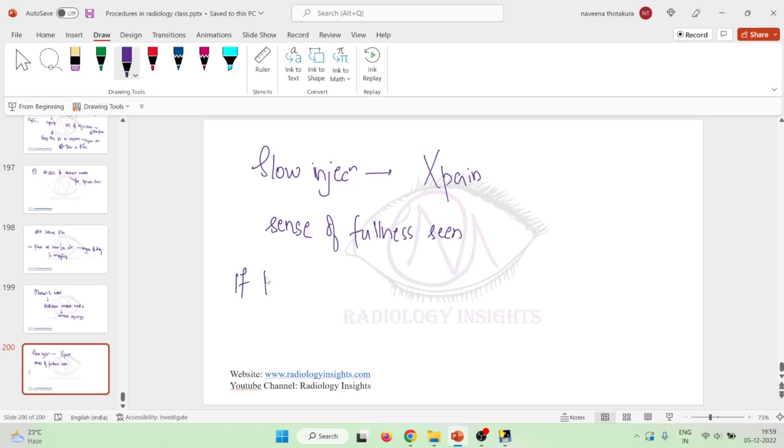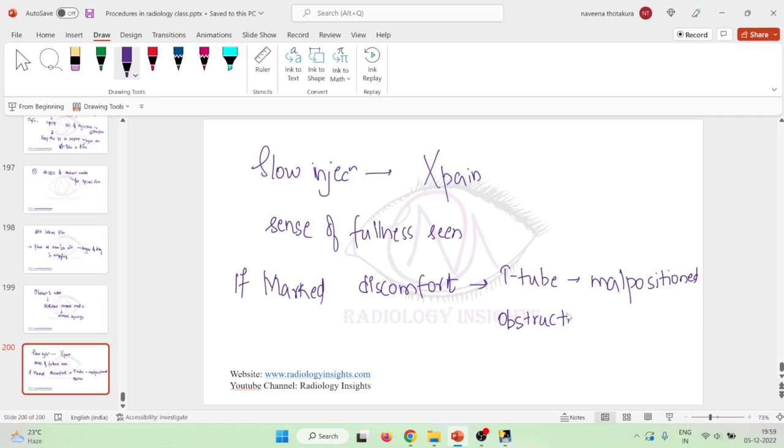If the patient has marked discomfort, there are only two reasons. One, the T-tube may be malpositioned, that is, not at the normal position where it should be, or there is some obstruction.